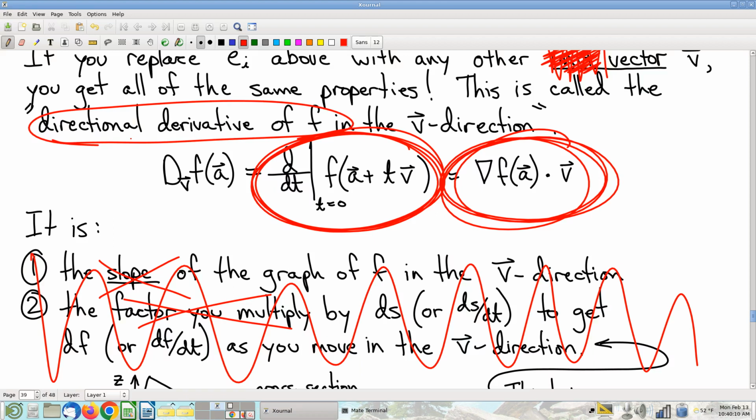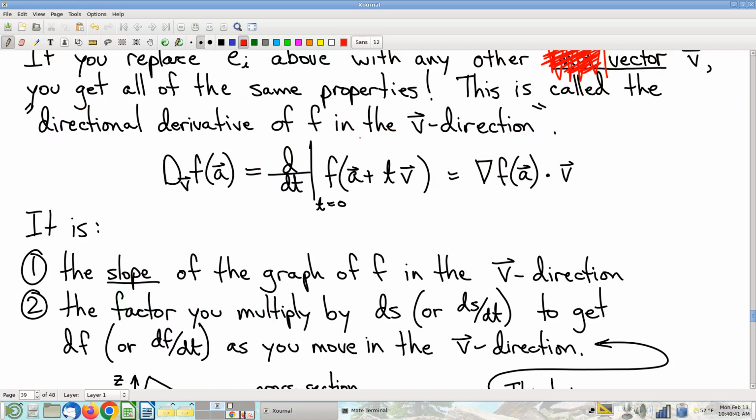When you're outside of Math 219, if you hear someone say directional derivative, you should think, what do they mean by that? Do they mean unit vector, or are they talking about non-unit vectors? Because you need to know whether or not you can make these interpretations down here. So I'm going to say again, heads up, outside of Math 219, be on the lookout for that possibility.